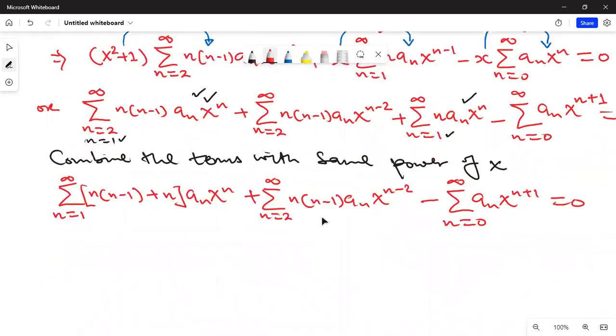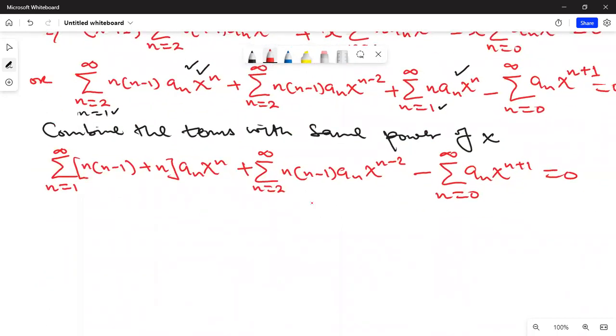Are we able to simplify? Look at the first series here. You can work this out. This is n into n minus 1, then plus 1. So this is the same as n into n minus 1 plus 1, which is the same as n squared.